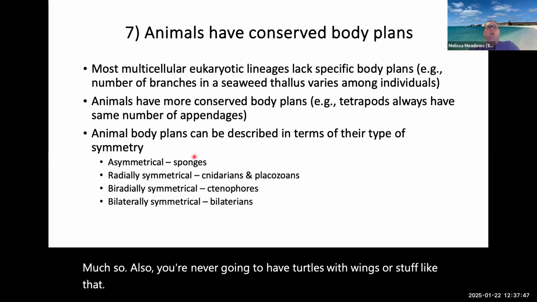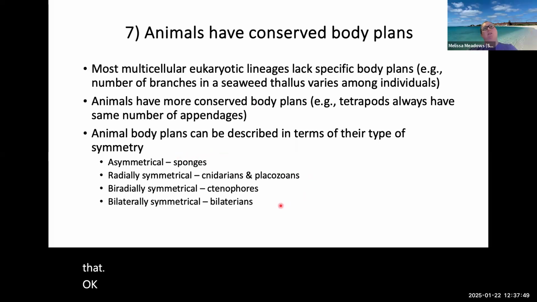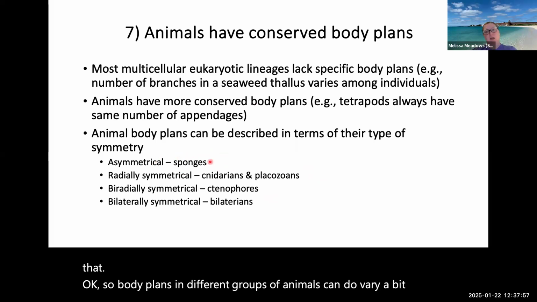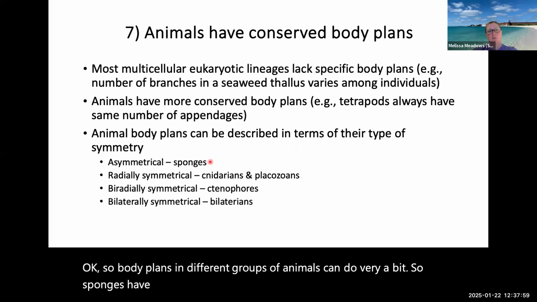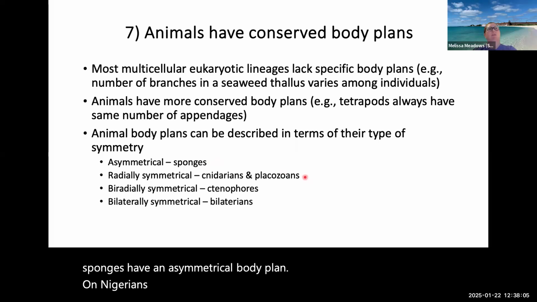Okay. So body plans in different groups of animals do vary a bit. Sponges have an asymmetrical body plan. Cnidarians and also placozoans have radial symmetry.